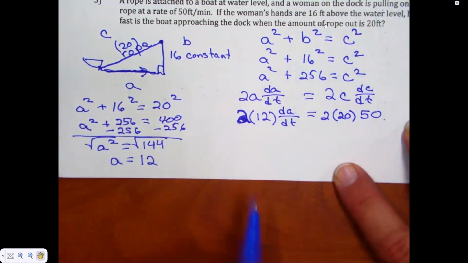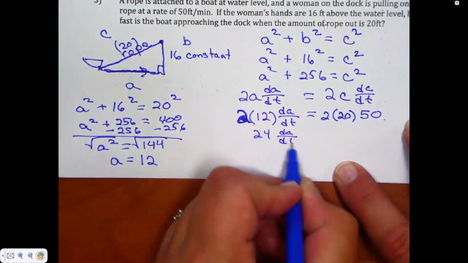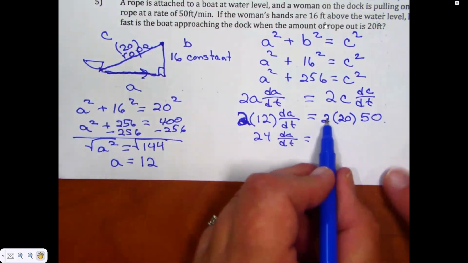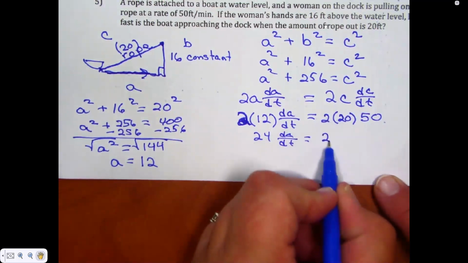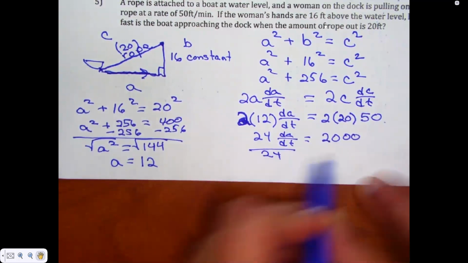Multiply that, so that gives us what? 24 dA/dt. And then that gives us what? 2,000 divided by 24.